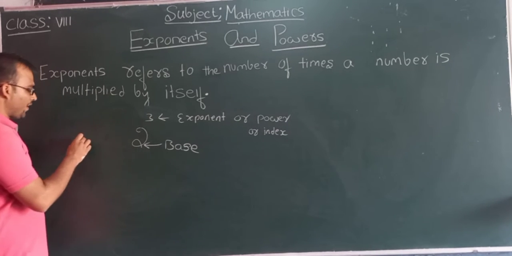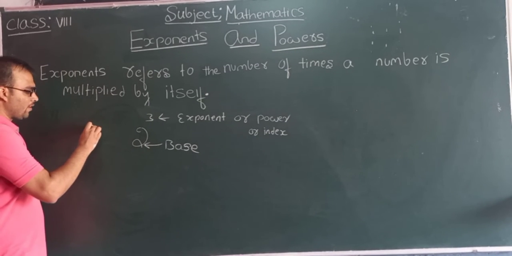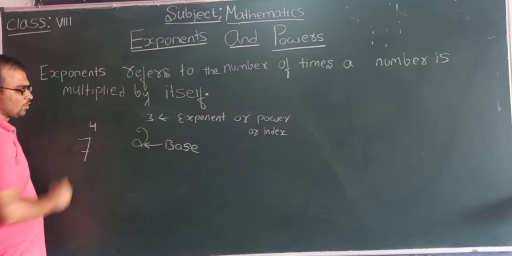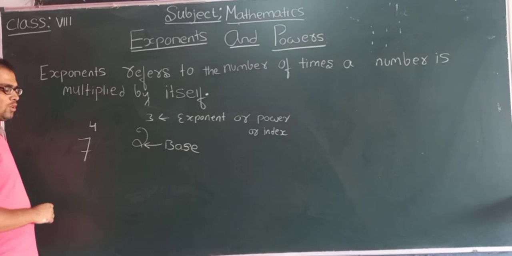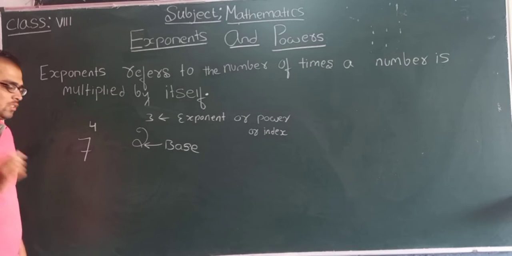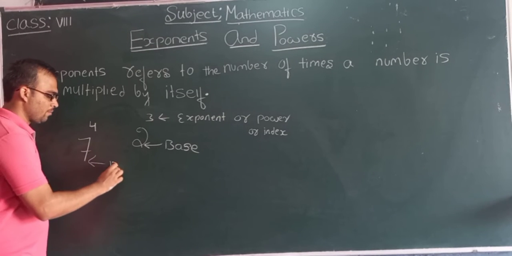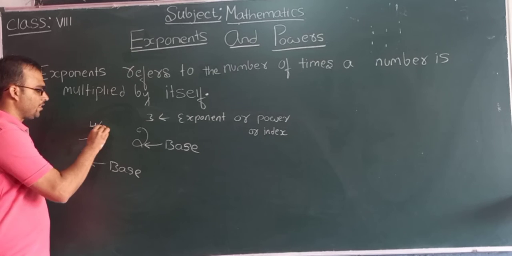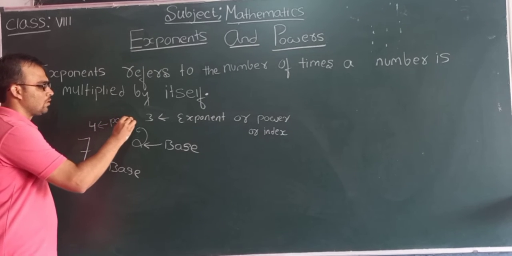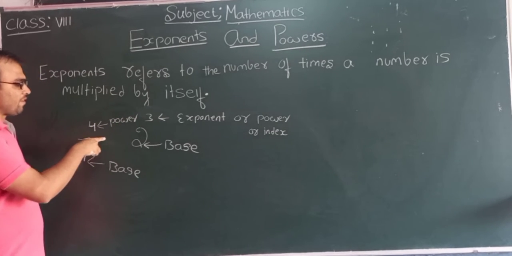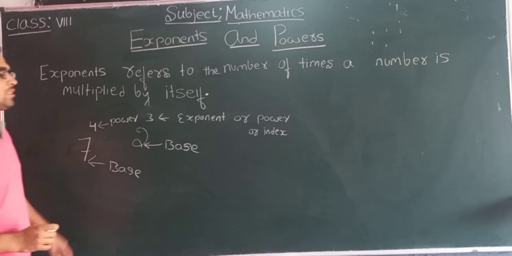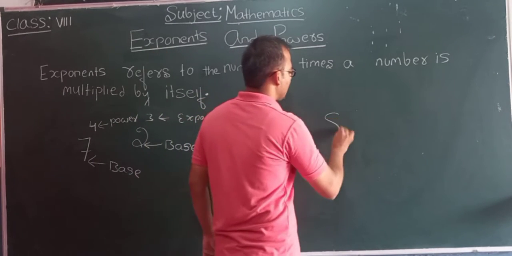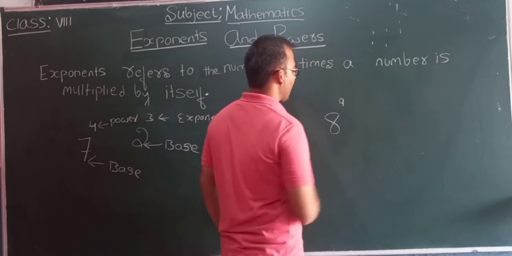Suppose I write 7 to the power 4. Which is the base? 7 is the base and 4 is the power. Suppose I write 8 to the power 9.